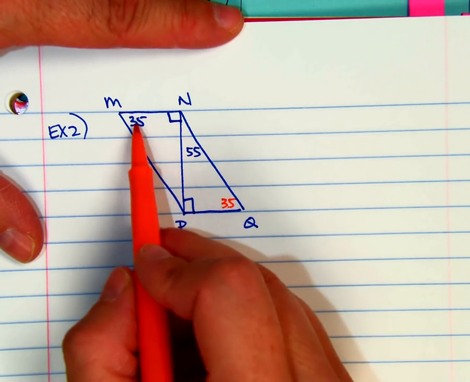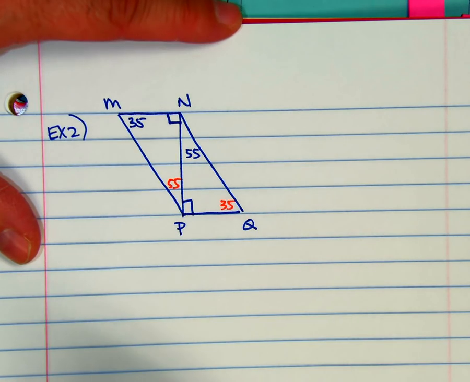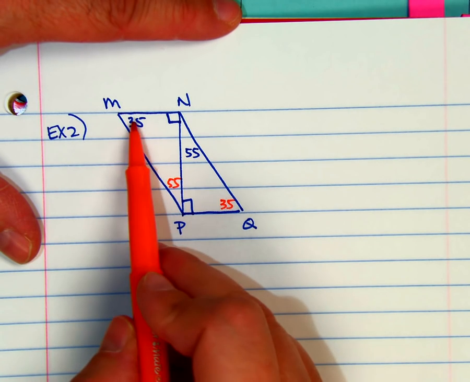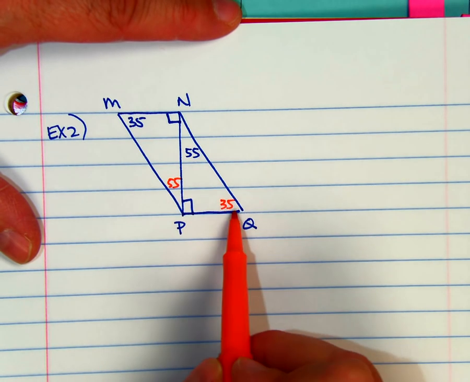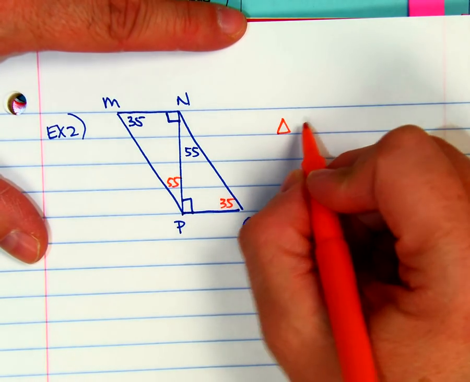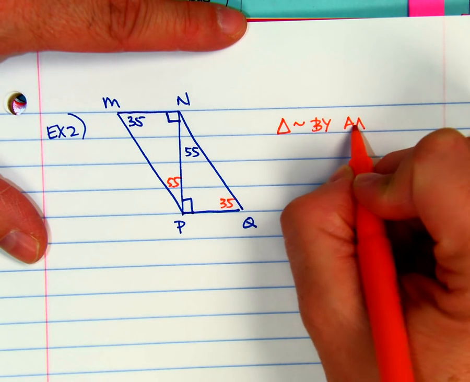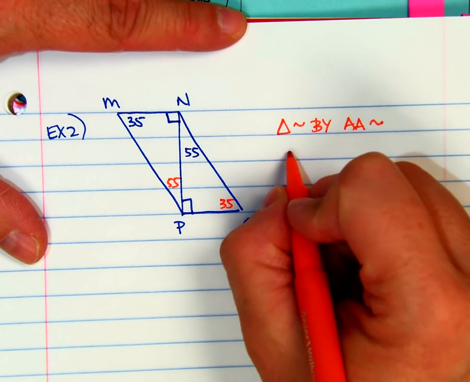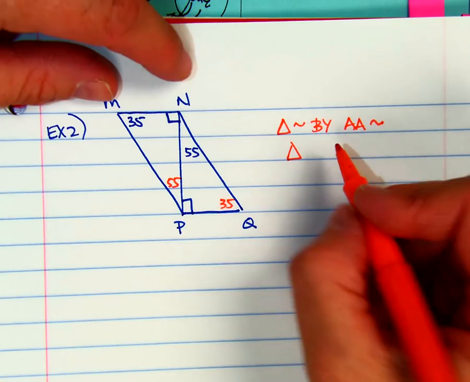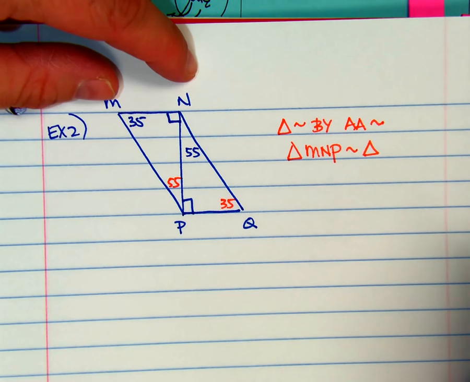Same thing with this one. This is a right angle, so these two have to be complementary, so that means this angle is 55 as well. So I have 35, 55, 90, 35, 55, 90. So yes, the triangles are similar by angle similarity. And it would be triangle MNP is similar to triangle.